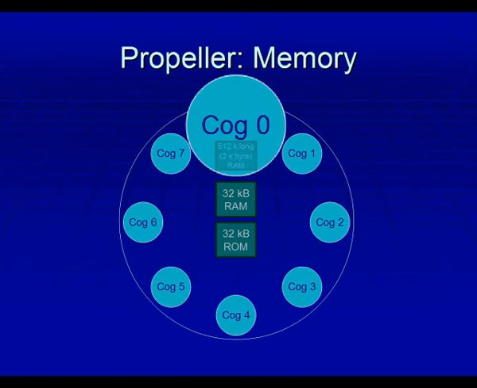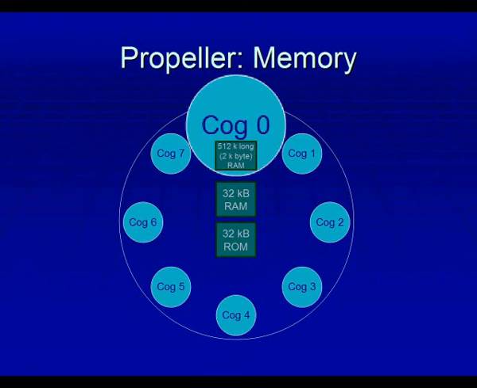In addition to this, inside each cog is 512 longs of space, or 2 kbytes of RAM. And this is really important because without this, the Propeller would not be as fast as it is, because every cog would be sharing main RAM all the time. And this is a point of confusion for quite a few people. They think that because cogs share main RAM, the whole thing runs kind of slow.